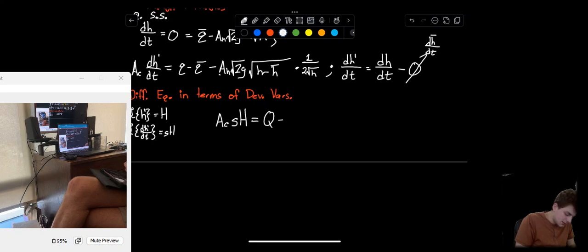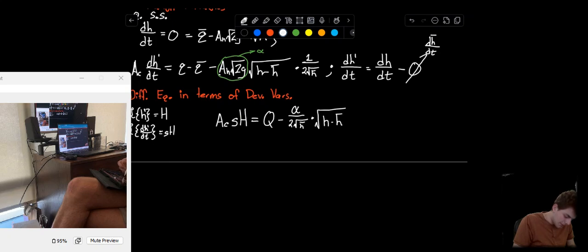I'm going to go ahead and consolidate this into a term we're going to call alpha, just so I don't have to keep writing out that same constant. So alpha over 2 square root h bar, right? That should have a bar over it. And then multiplied by root h minus h bar, right? Awesome.